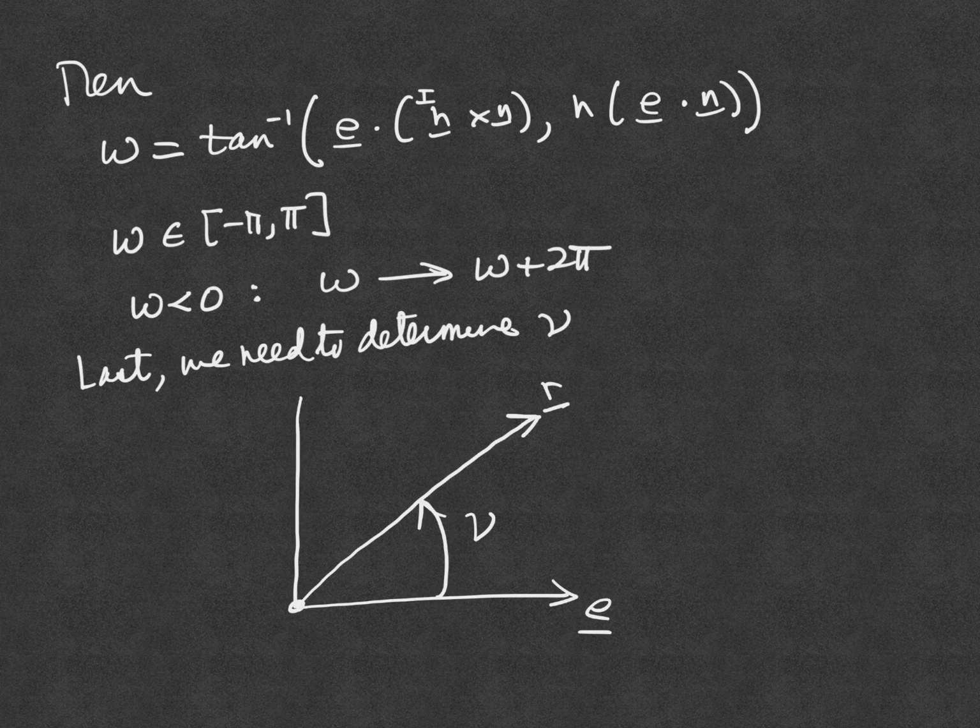And again, the direction out of the page in this diagram is the specific angular momentum, which makes the vector pointing upward in this diagram h crossed with e. And now we can go through an almost identical argument to what we did to compute the argument of the periapsis.